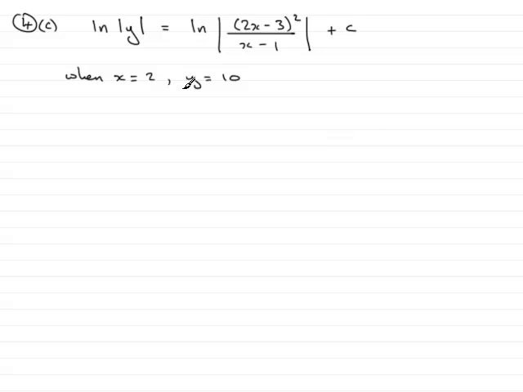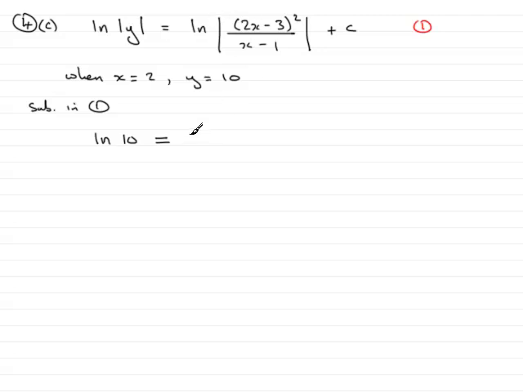So what I can do is substitute these values into the equation up here, which I'm going to call equation 1. If we sub those into 1, we have the natural log of 10, and because that's a positive value now, I don't really need the mod sign.